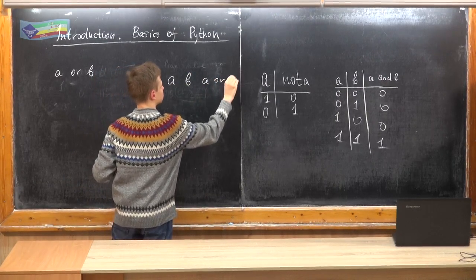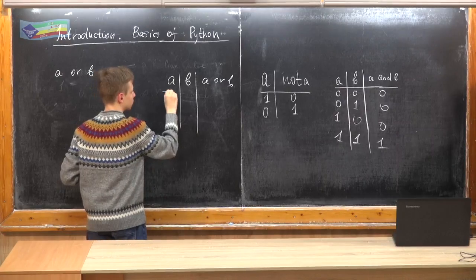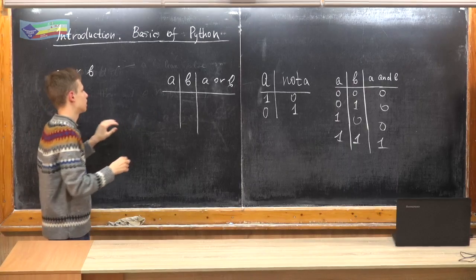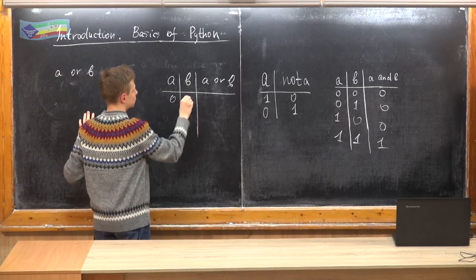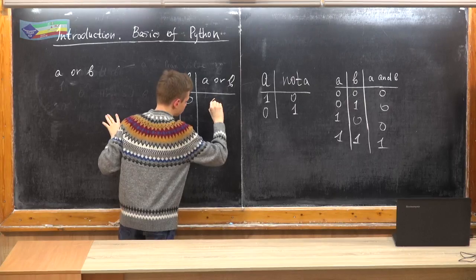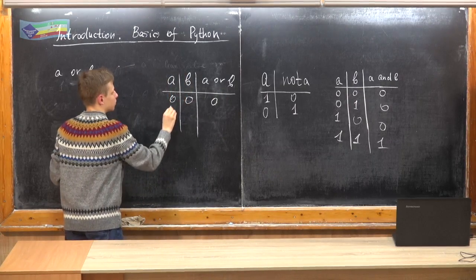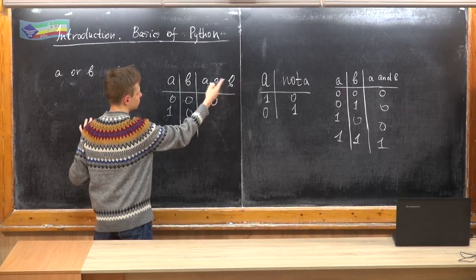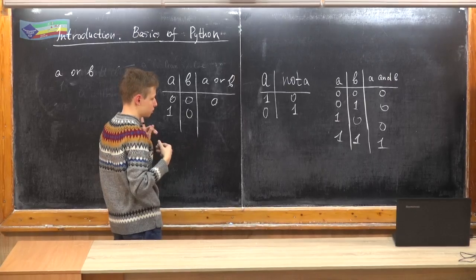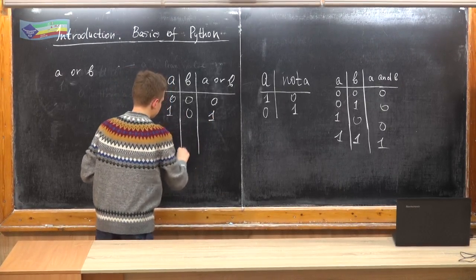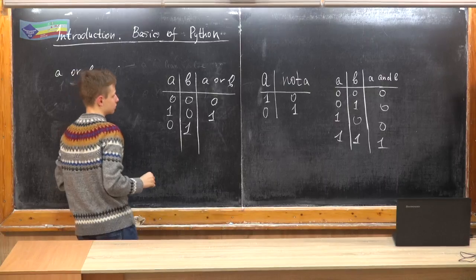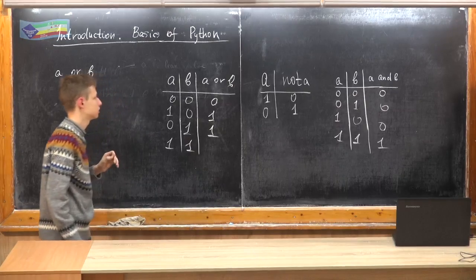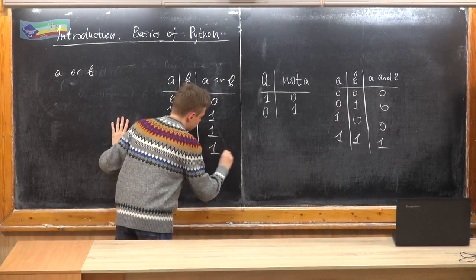A or B. Neither A nor B is true. That means that OR is also false. A is true, B is false: we have one true. That means that OR is already true. The mirror case works the same way. And finally, if both A and B are true, then OR is still true.